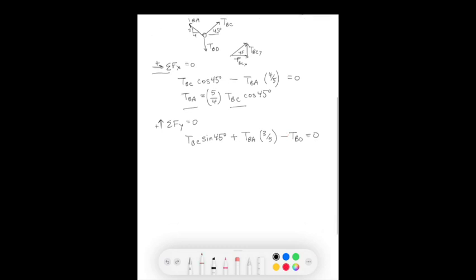Okay. So here we can use this equation to insert into this equation.